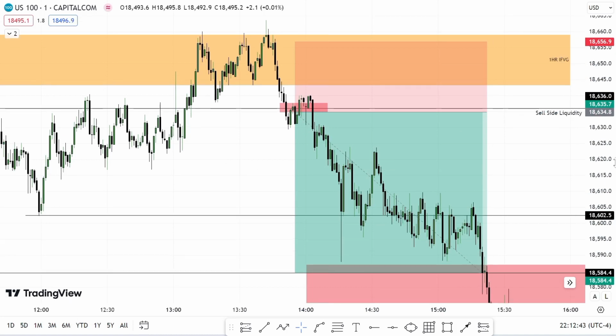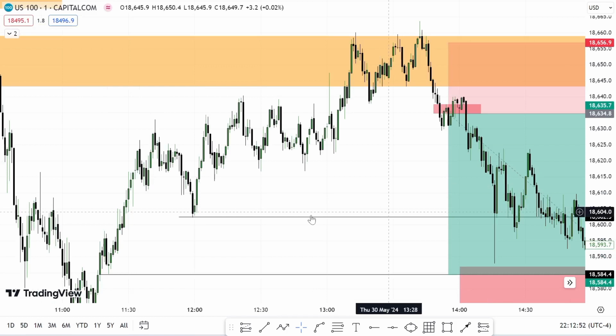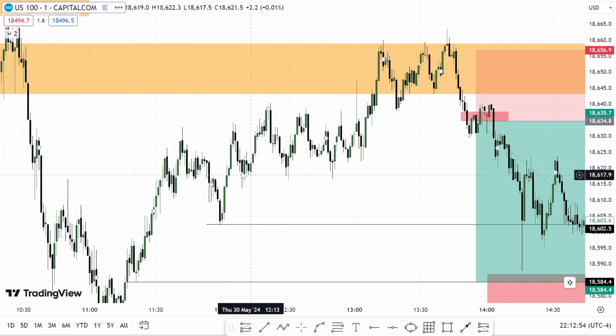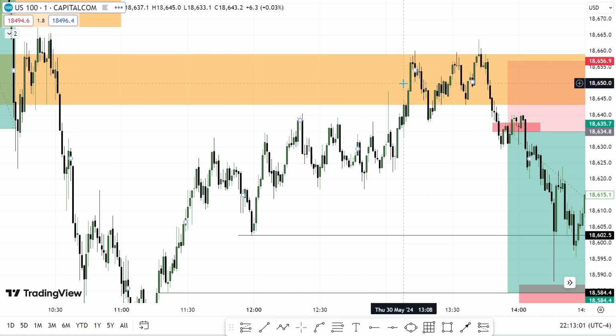So this is just a review we would have done last night. These are those jagged highs; we've had our buy side liquidity taken here for these highs. We've taken buy side right to this 1 hour inversion fair value gap, and then the buy side here we've taken.